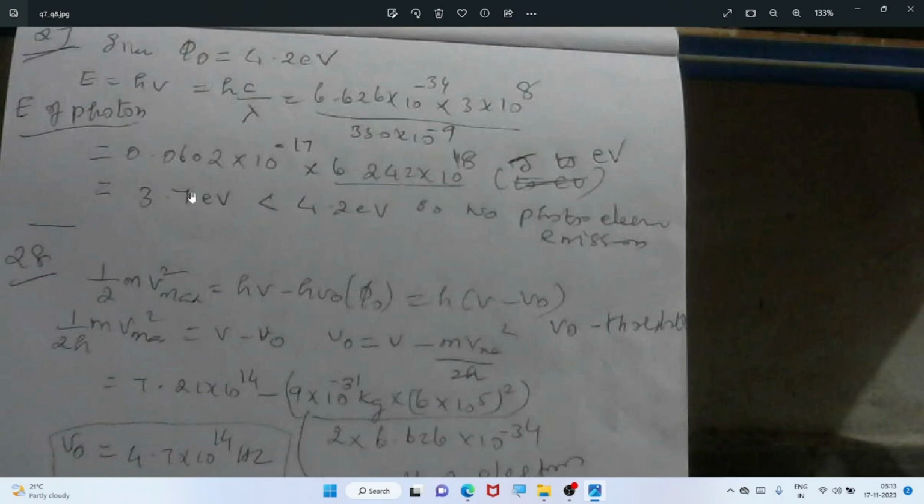This photon energy is less than the work function. So when it is less than the work function, the electron will not get emitted. It should be more than or equal to that for the electron to get emitted. Because this energy is less than the work function, no electron will be emitted.